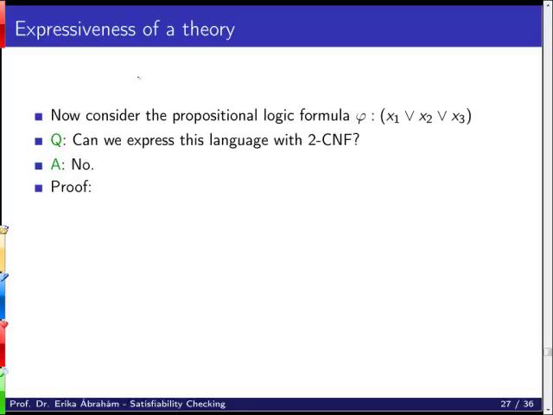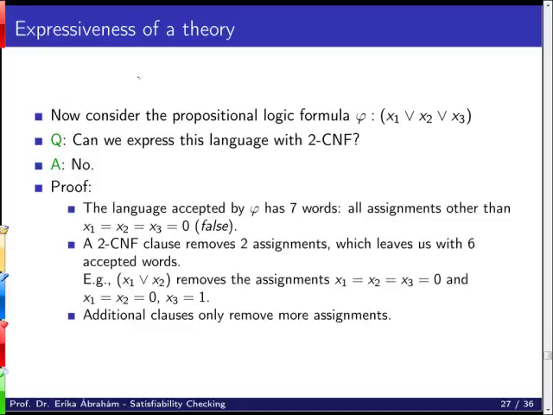The proof is the following. You know that if you have a clause with three literals, then it has 7 solutions. Yeah, because the only solution which we exclude is if all 3 literals are false.